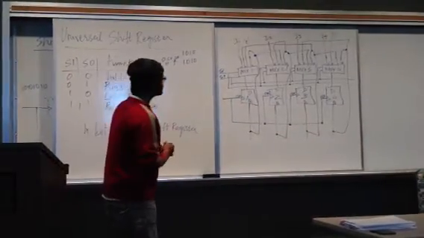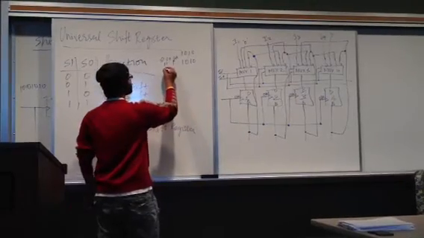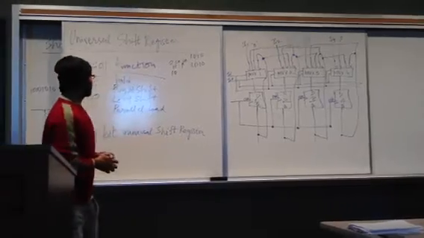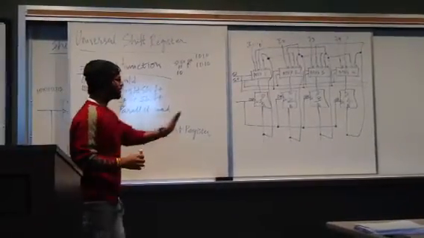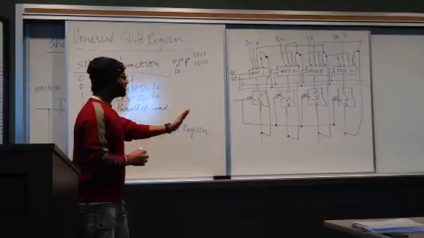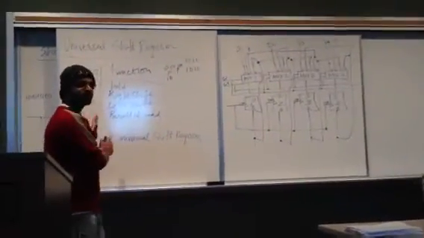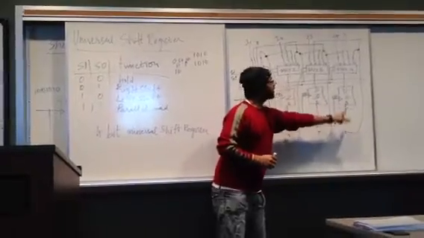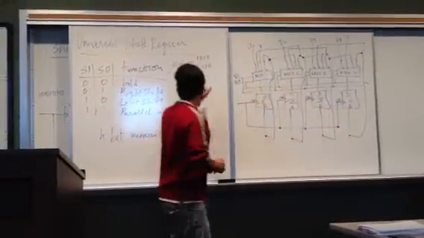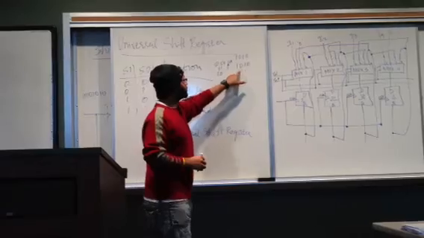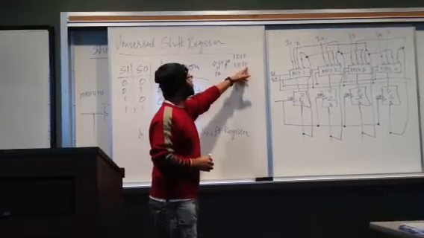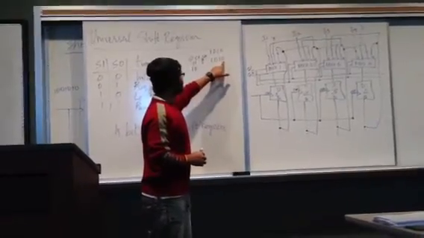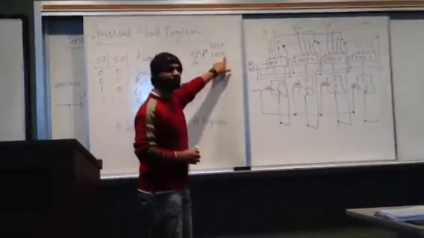Now, if next I do, let's say, a 1, 0, 1, 0 implies it's going to do a left shift. That means all the bits are going to move to the left. So, the output right now over here, Q4, is 0. 0, 1, 0, 1. Assume that this is Q4, Q3, Q2, Q1. So Q4 is 0 right now.